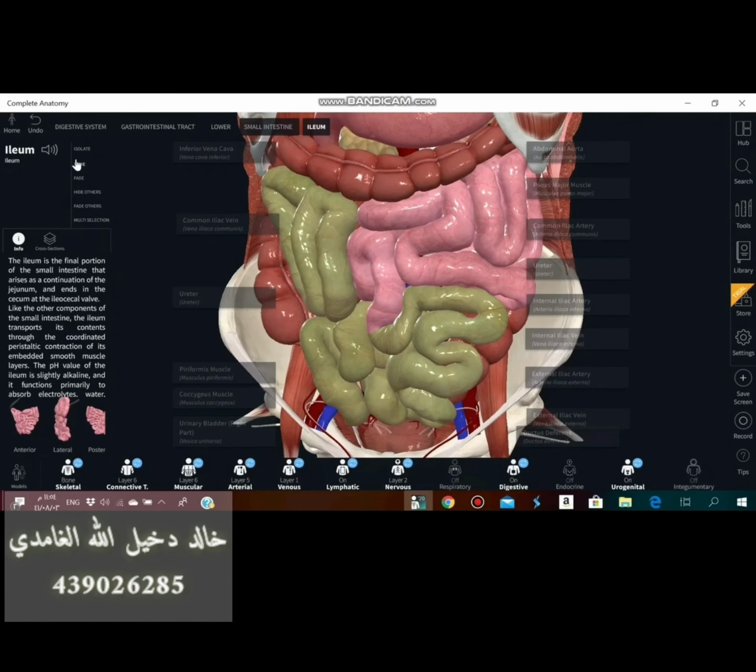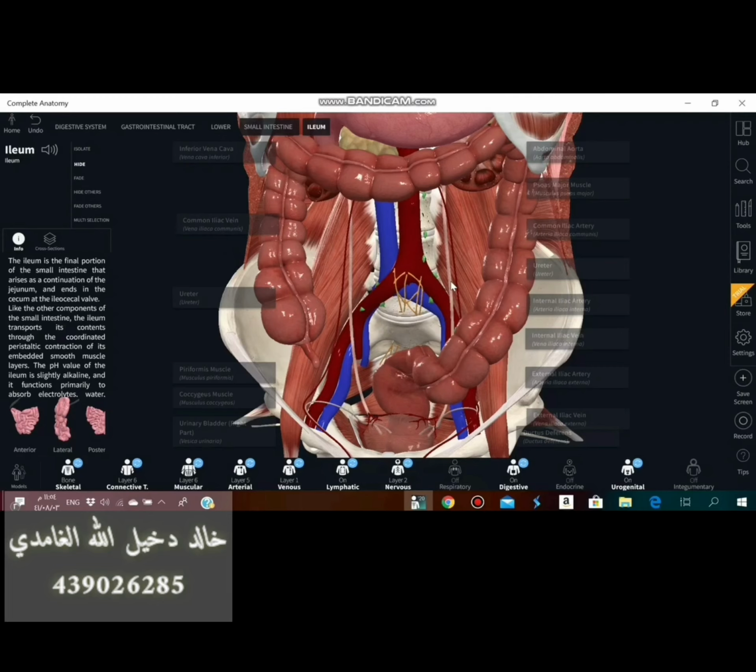Yes, this is the left ureter, and as we see, the sigmoid colon is located anterior to the left ureter, and also we have some colic vessels, and the testicular artery and testicular vein in males.